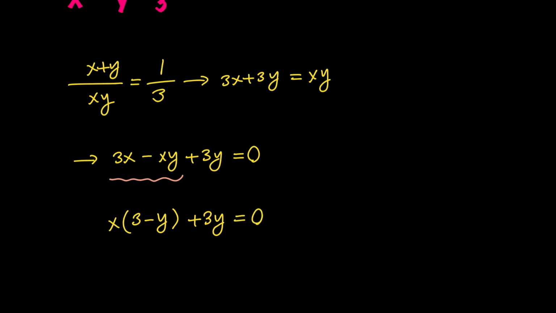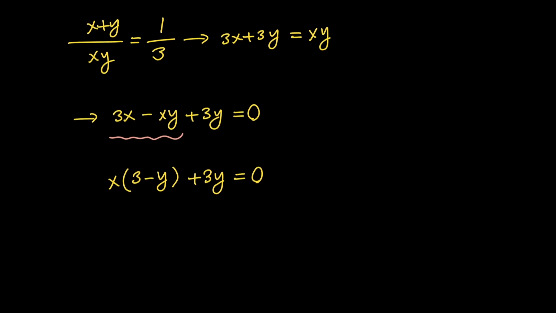But as you can see, we cannot factor anymore because we don't have any common factor to pull it out. But if you look closely, we have 3 minus y over here. So if we can somehow create 3 minus y as a common factor over here, we can pull it out and we will be able to factor.